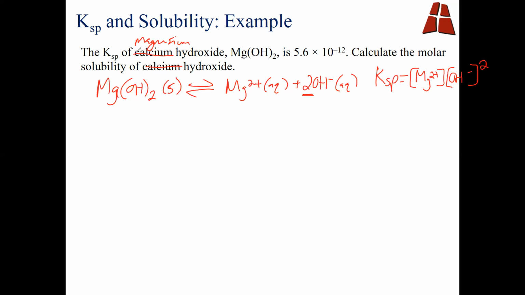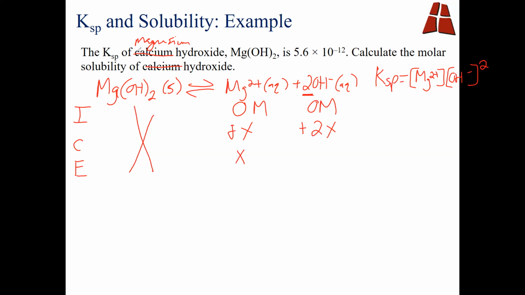So much like our other equilibrium problems, we can solve this by making an ICE chart. Since Mg(OH)2 is a solid, we don't need to include that. We would say that we start with an initial concentration of 0 for both of our products. From there, we would do plus x, and this might be tricky here, but a reminder that this should be plus 2x, because again, our coefficient.